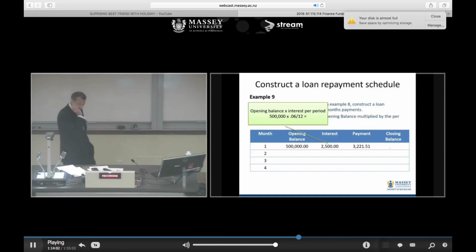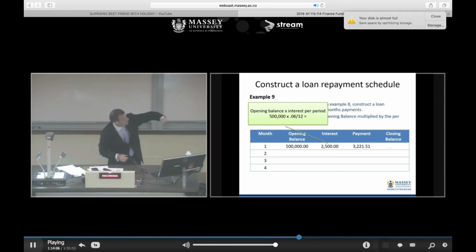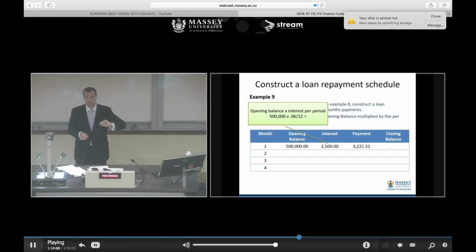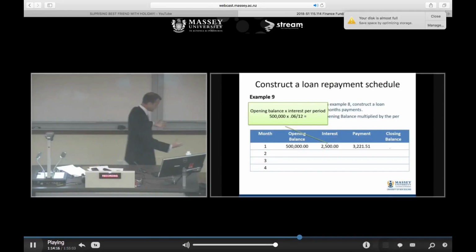Now you can think about it either from the bank's perspective or your perspective, but we need to figure out what this closing balance is. So from our perspective as the borrower, we would go, hey, at the beginning of the month we owed $500,000. Then they charge us some interest, so we now owe them $500,000 plus another $2,500. But then we make a payment.